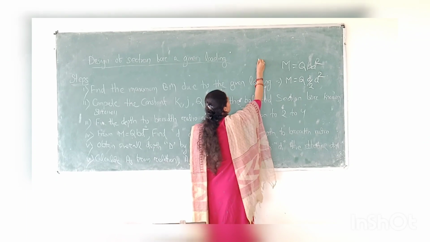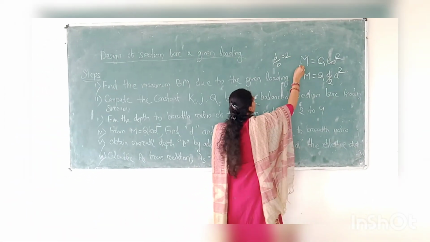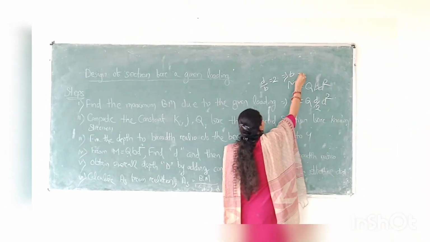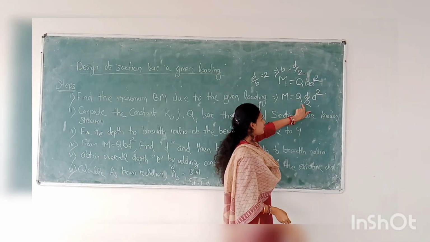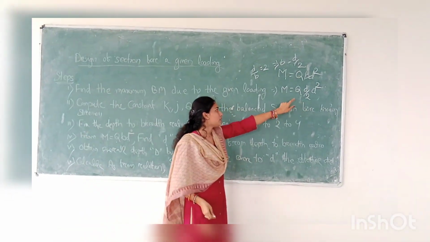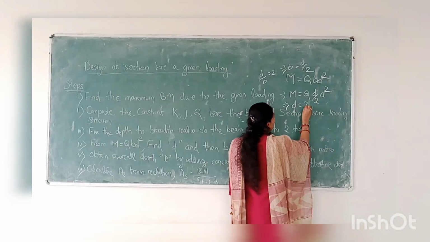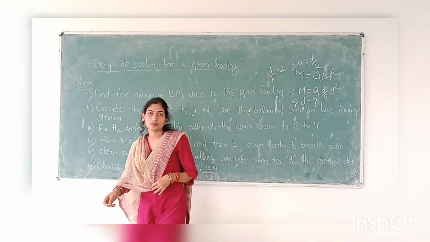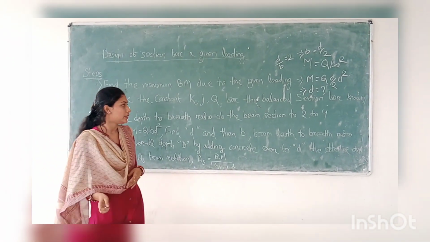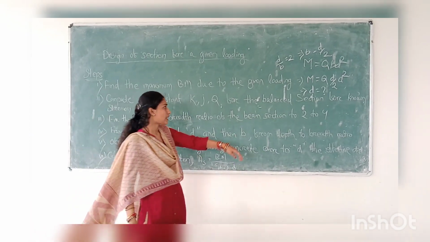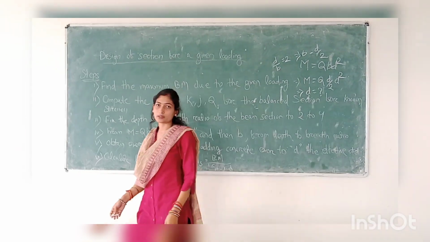Suppose D by B equals 2. So B equals D by 2. We can write B in terms of D by 2. And from this formula, we can calculate the value of the depth, the effective depth. And after getting the value, then we can calculate the value of B, the breadth.